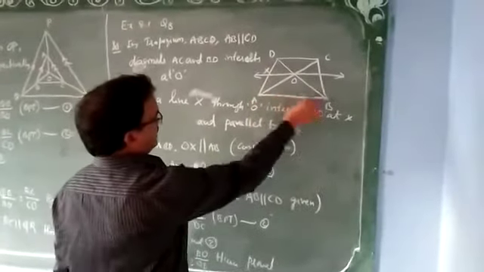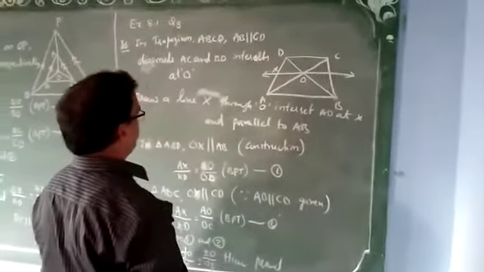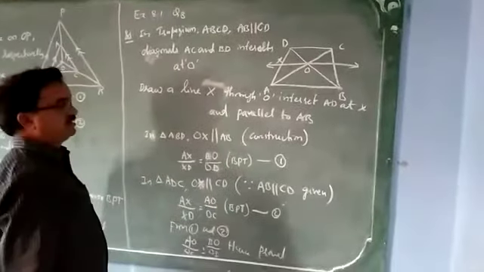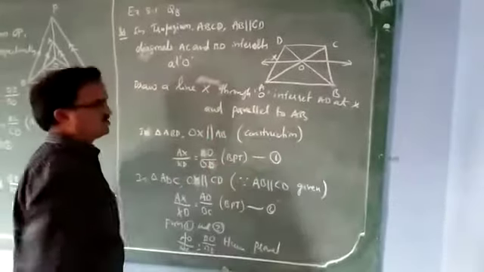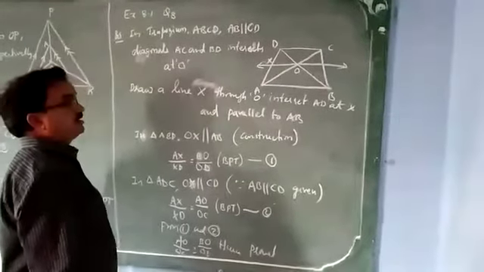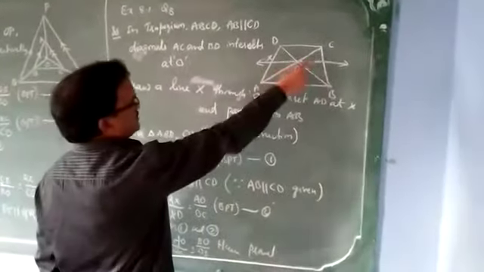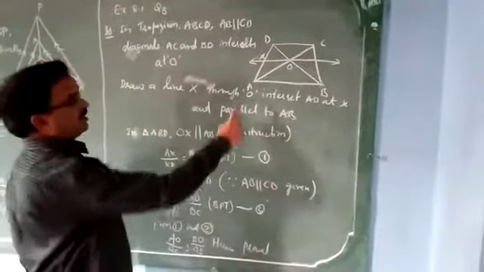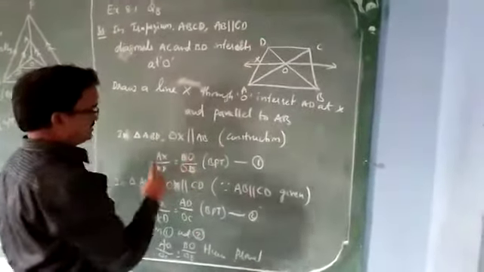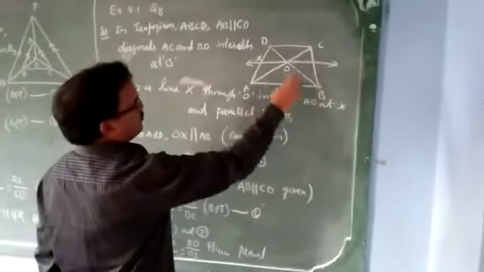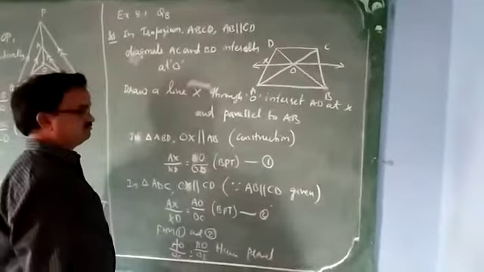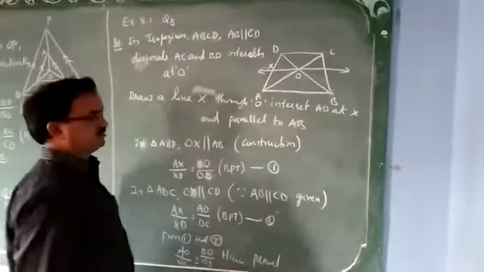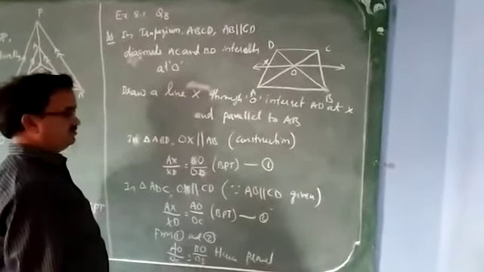You take triangle ABD. In triangle ABD, OX is parallel to AB, already from construction. It divides the other two sides in the same ratio. So AX by XD is equal to BO by OD. It is equation 1.